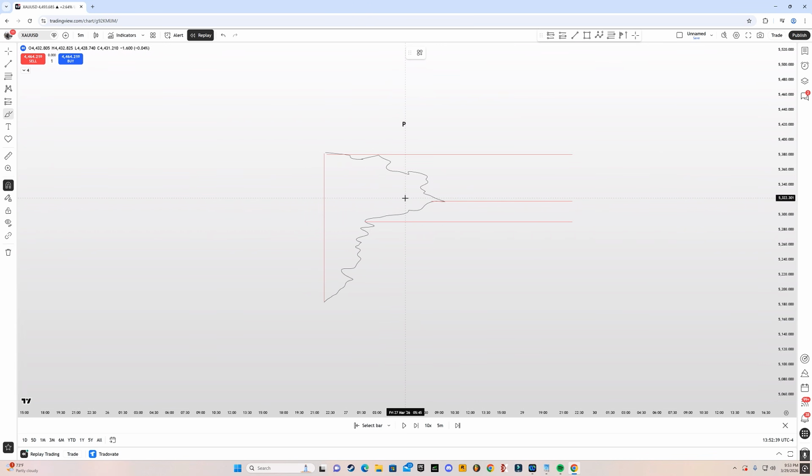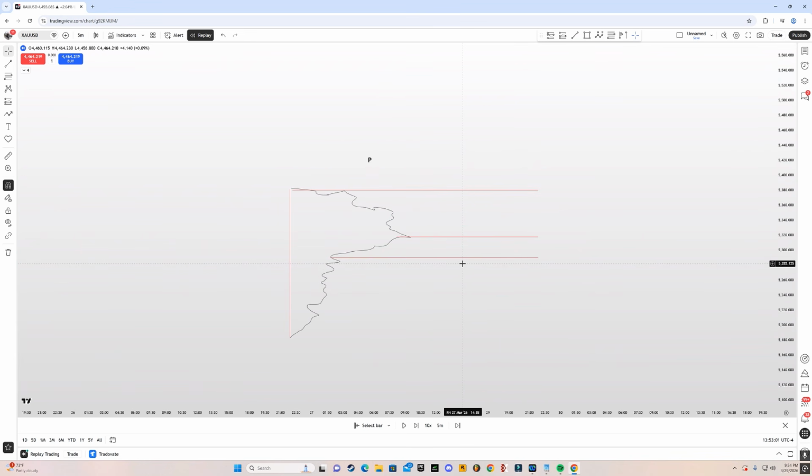So here's what you can expect with this. First, you can take a breakout setup to the upside. Sorry. You can take a failed auction setup to the upside. So if we have a P-shaped volume profile developing, we wait for price to first close below the value area low, and then a close back up, and then you can take a breakout trade. Or ideally, what you want to see is, let's say price is here, we are building a P-shaped volume profile, and then we get a breakout like this.